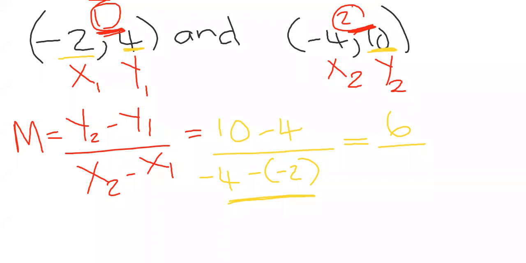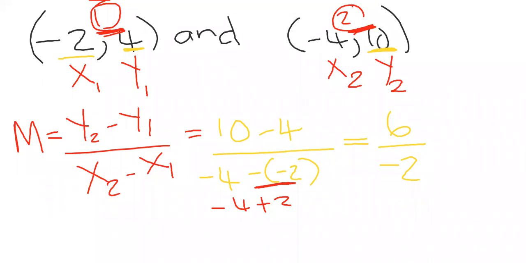Mathematically, if you have a negative and a negative like that, they change and become a positive. So we are now going to have -4 plus 2. Working that out, you get -2.